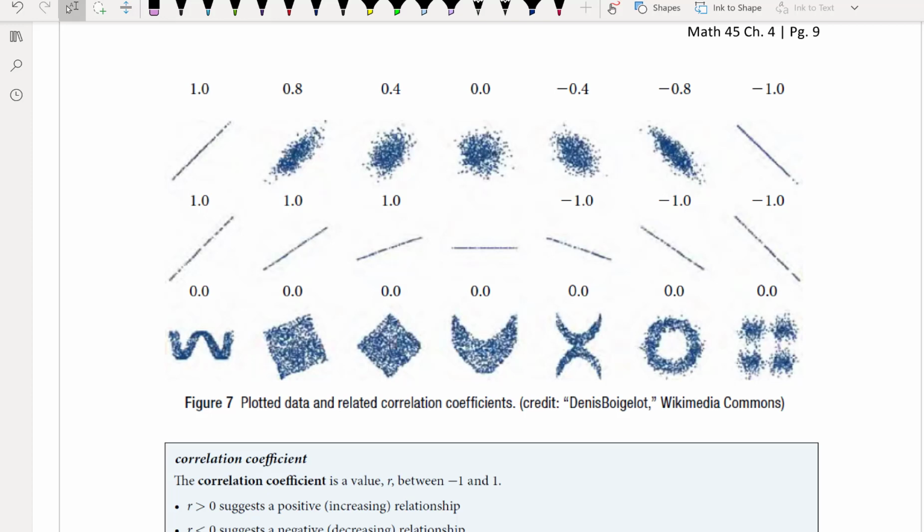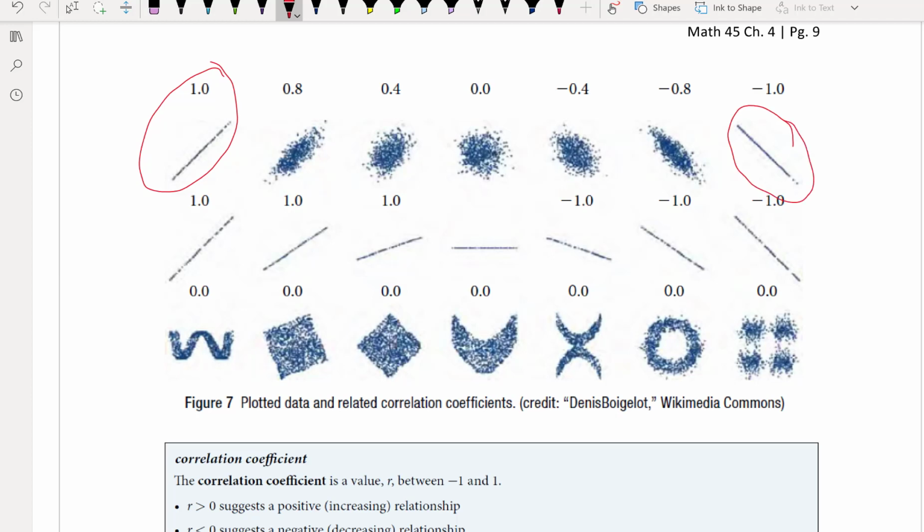So what we want to do, instead of saying there could be a linear relationship or there could maybe not be a linear relationship, we say there's a correlation. The correlation tells you the strength of the possibility of a linear relationship. Notice the strongest relationship here is 1. That means for sure, there's no doubt that that is a line.